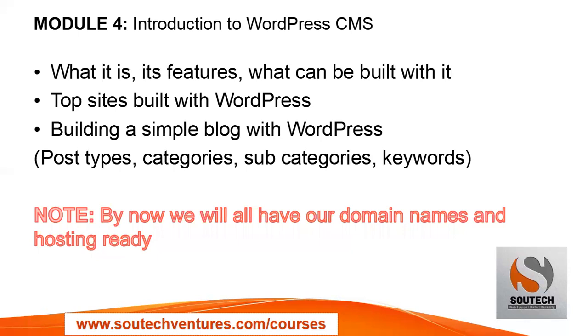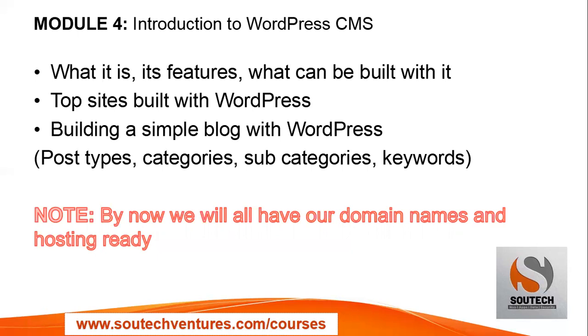Now, introduction to WordPress CMS, right? We're going to look at the features, what you could do with it, and learn taxonomy, post types, categories, subcategories. Take, for instance, if you want to build a blog, you need to learn how to break the entire blog into categories.